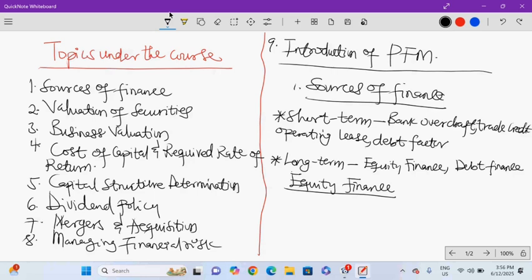And I believe you know that it is only quoted companies or public companies that are mandated to issue shares. So when the company is quoted on the stock exchange, let us look at some of the methods of issuing shares.